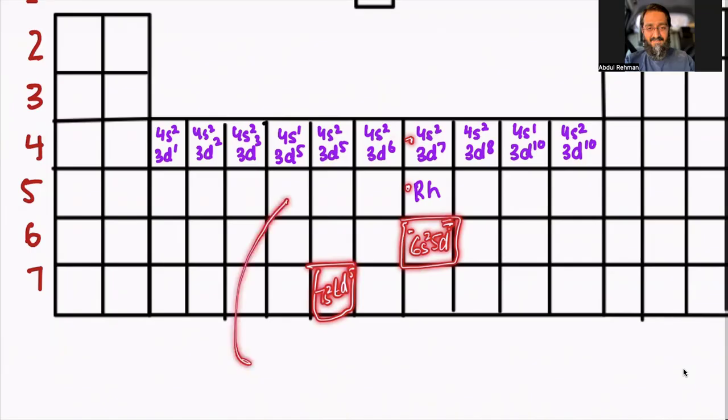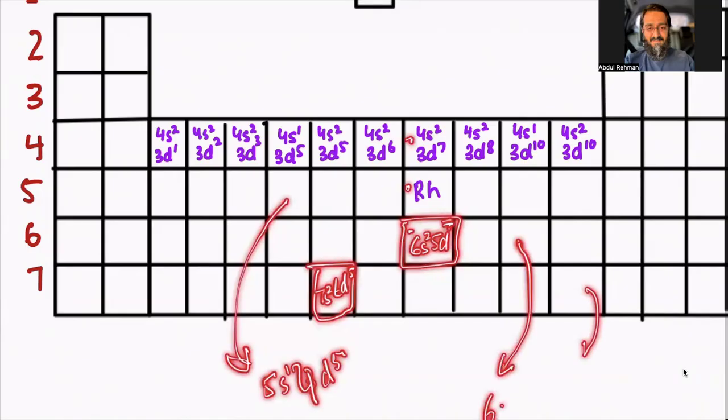If I look at this one, it is going to be 5s1 and 4d5, sorry. And if I look at this one, it is going to be 6s1 and 5d10. So there is no need to write the whole configuration, but you are able to predict or identify it.